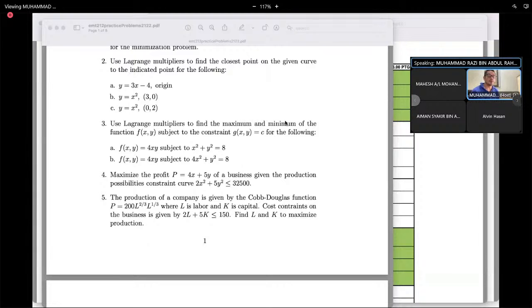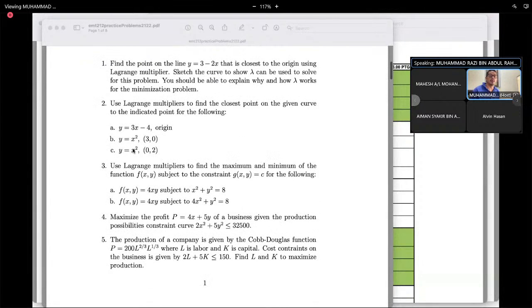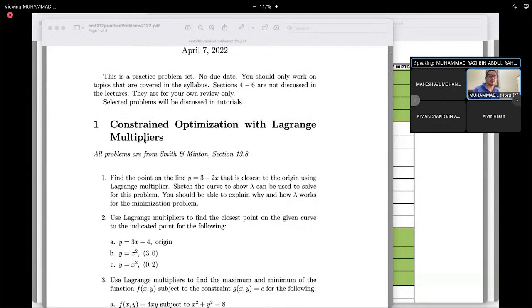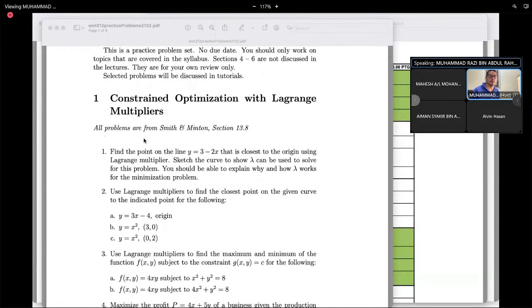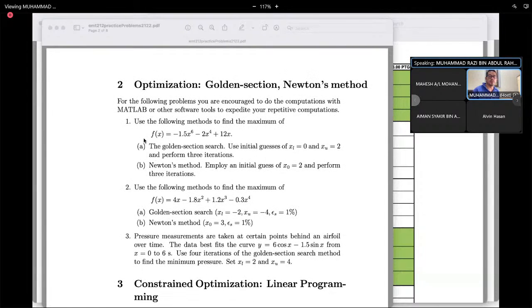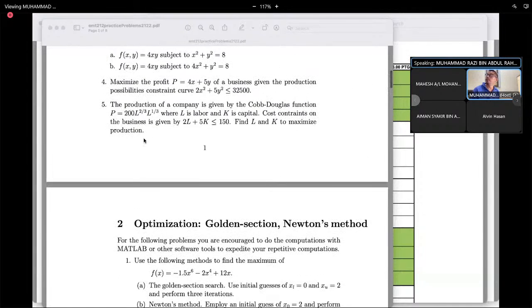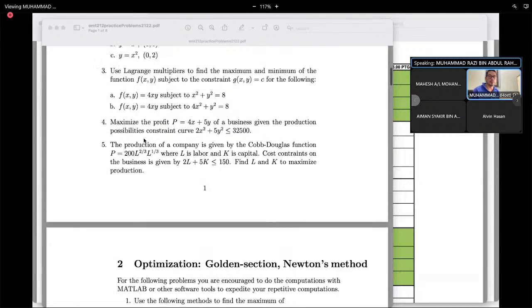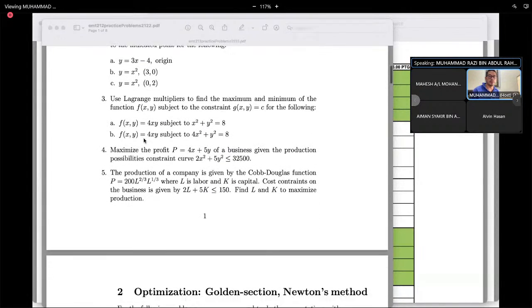So I was saying my plan is to share these solution steps. We're going to cover only section 1, which is the constraint approximation with Lagrange multipliers, and also section 2, but because we only have less than an hour now, I cannot go through many of the problems here.